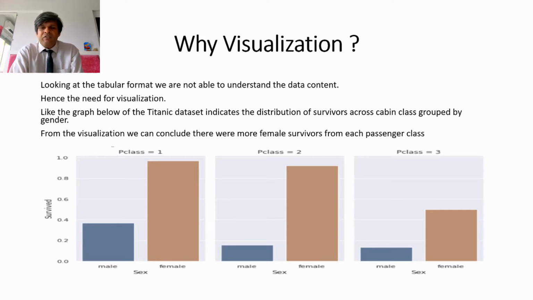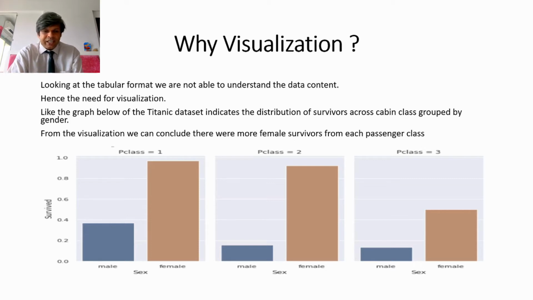Hence the need for visualization, where we draw different graphs or figures, and it gives a summary, or shows what the data content is, and we can make some conclusions looking at those graphs. Like the graph below of the Titanic dataset indicates the distribution of survivors across cabin class grouped by gender.